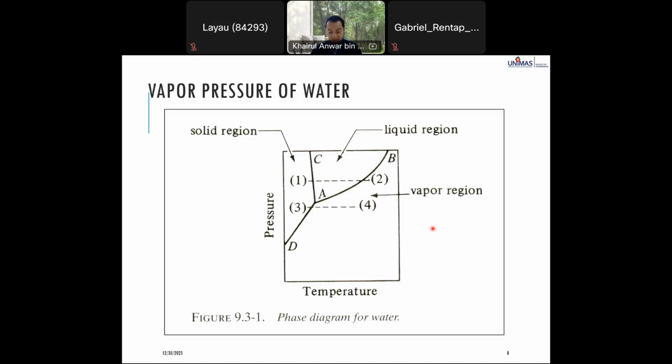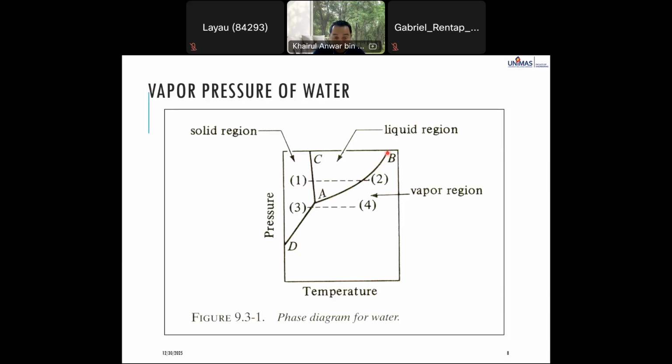Vapor pressure of water and humidity. This is the phase diagram for water. Along the line AB, the liquid and vapor phases coexist. So the water here is in liquid and vapor phase.